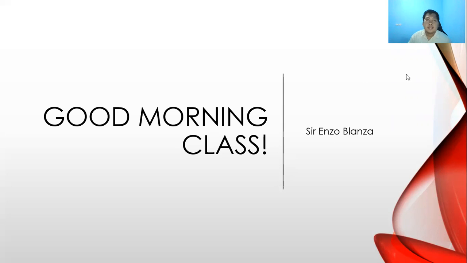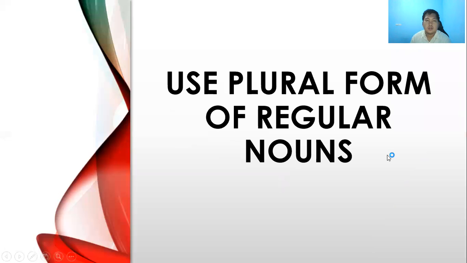So we are back at it again with another lesson, and we are going to talk about the use of plural form of regular nouns. We are going to talk about the form or the structure of a word or a noun when it is in singular and in plural form.